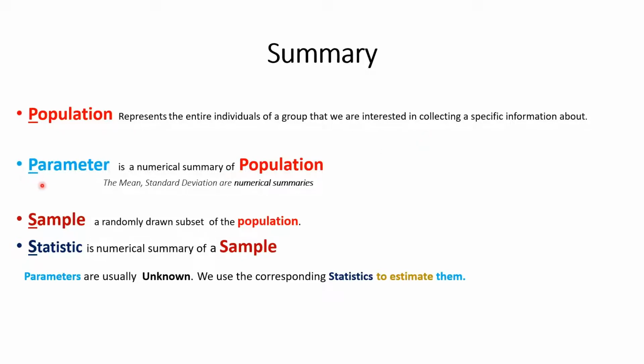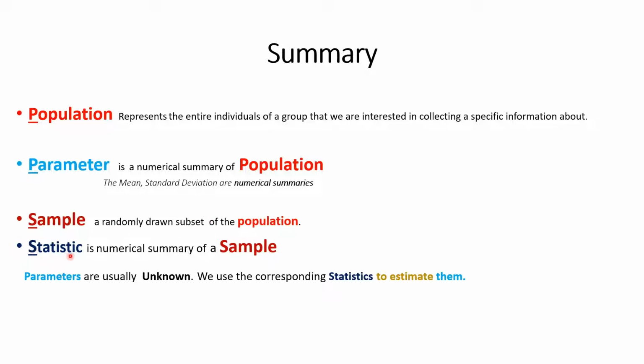Then the parameter is the numerical summary of the population. A parameter can be the mean or average of the GPA, or the standard deviation. Both mean and standard deviation are called numerical summaries. Then the sample is a randomly drawn subset of the population. In our case, the sample was the 5 randomly selected students out of the 82 of our population.